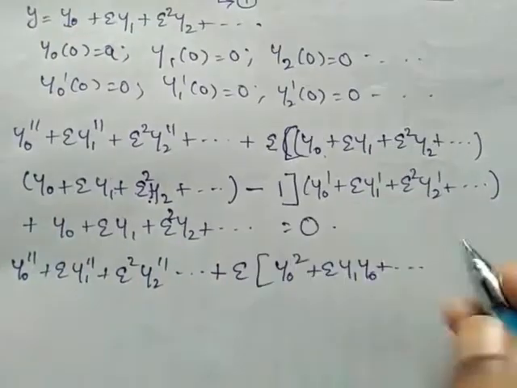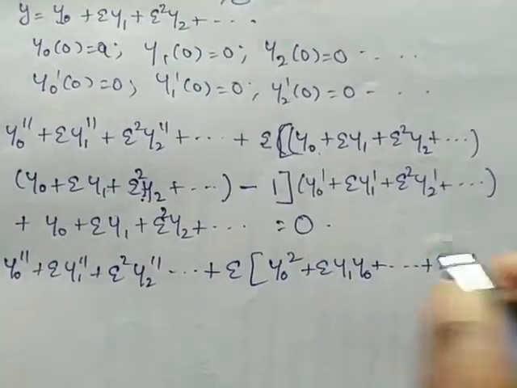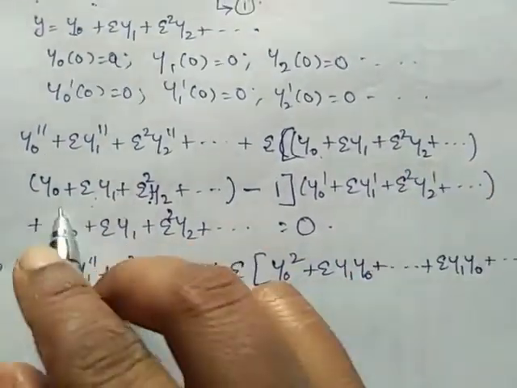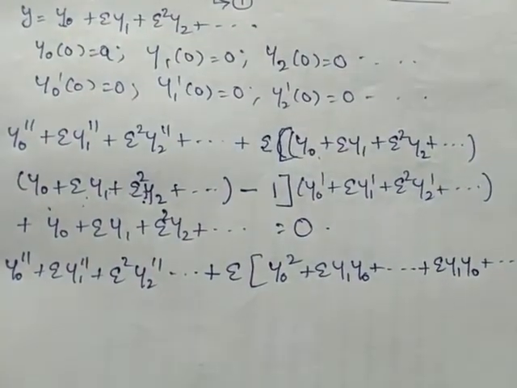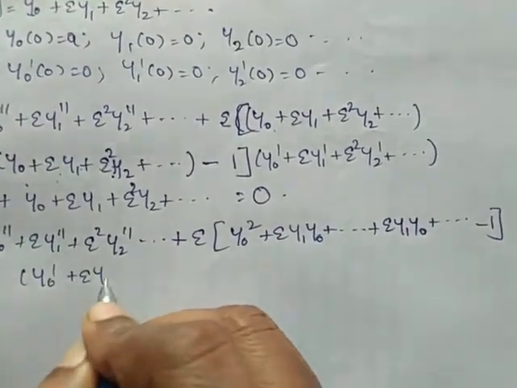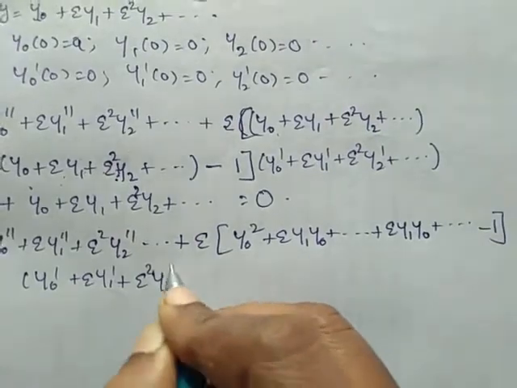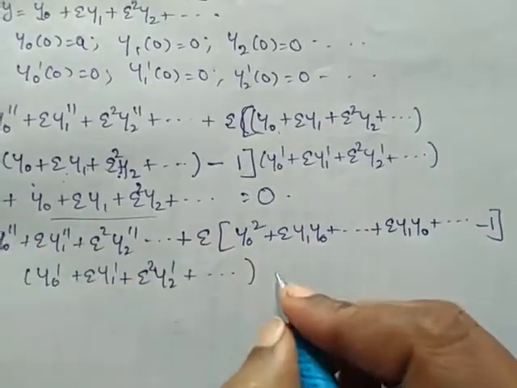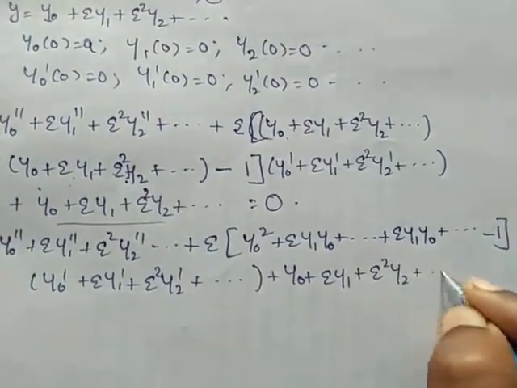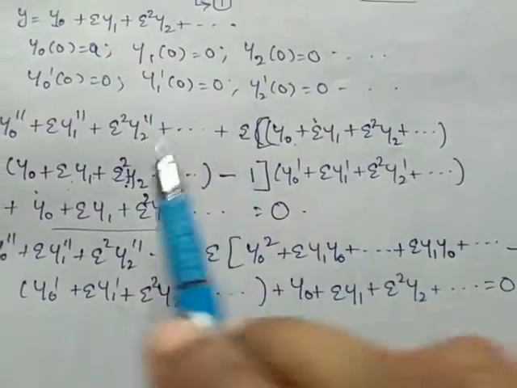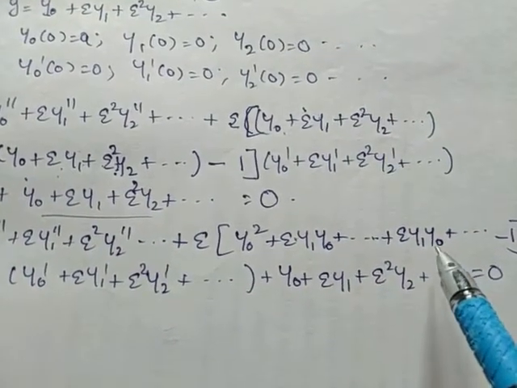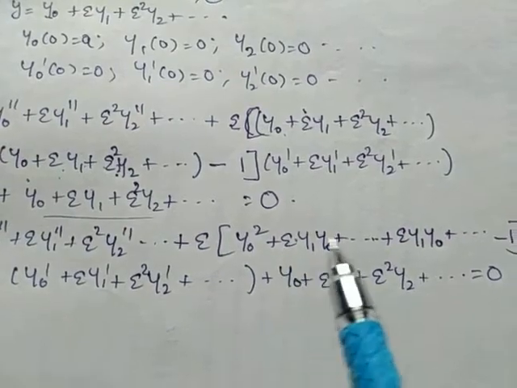This will be the epsilon square term, minus 1 into y naught dash plus epsilon y1 dash plus epsilon square y2 dash etc. And this y remains as it is, y naught plus epsilon y1 plus epsilon square y2 etc. Here I have multiplied these two terms and I am not writing higher orders, because we are going to find the coefficients of epsilon power 0, epsilon power 1, epsilon power 2.